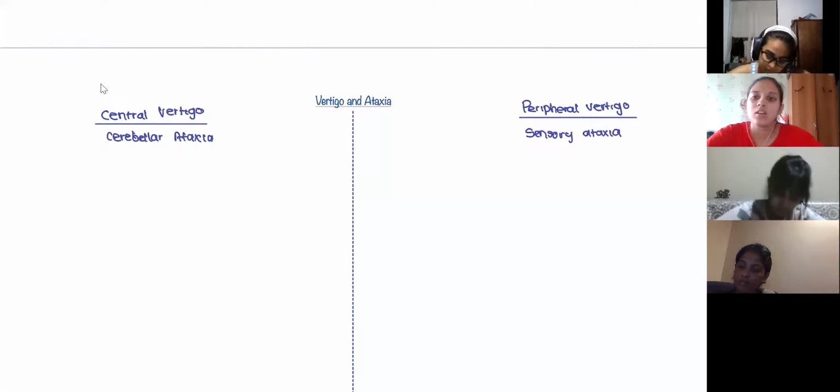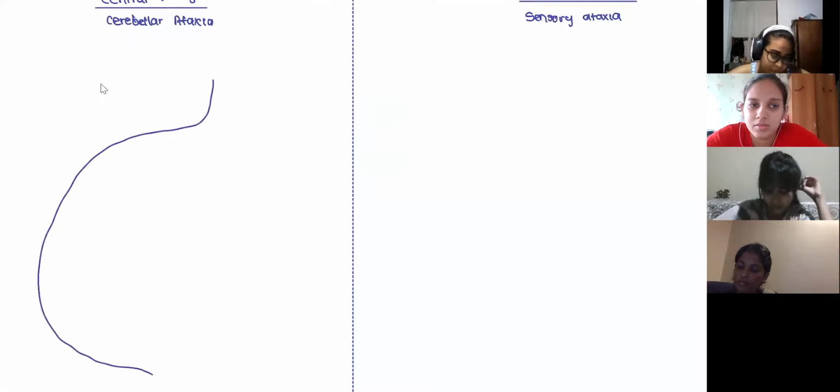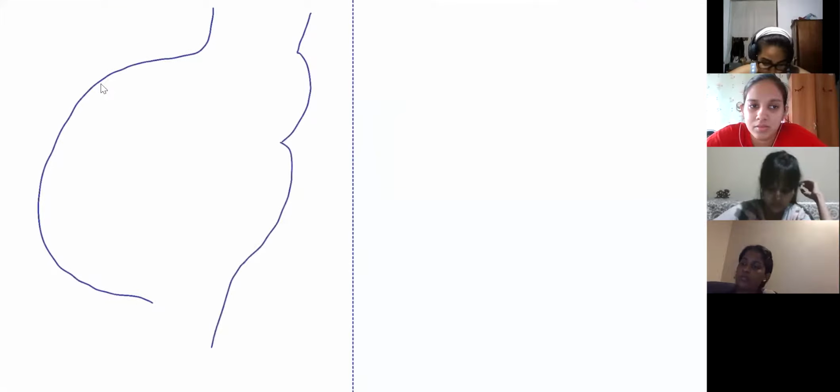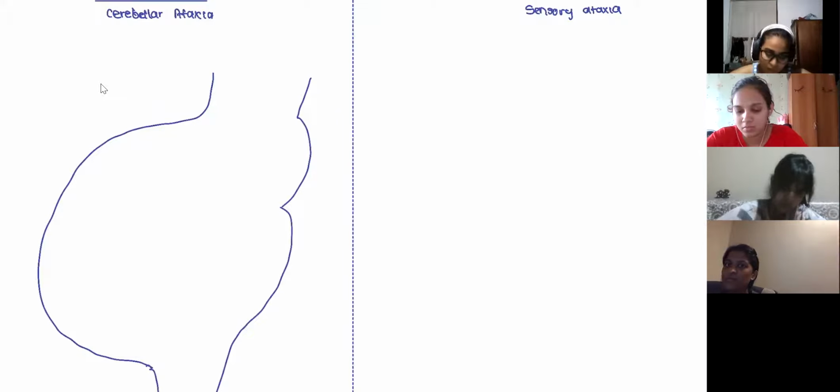Now, let me tell you why I did this. The reason is this is our cerebellum and the brainstem. Then on the other side, we have the inputs and the outputs.